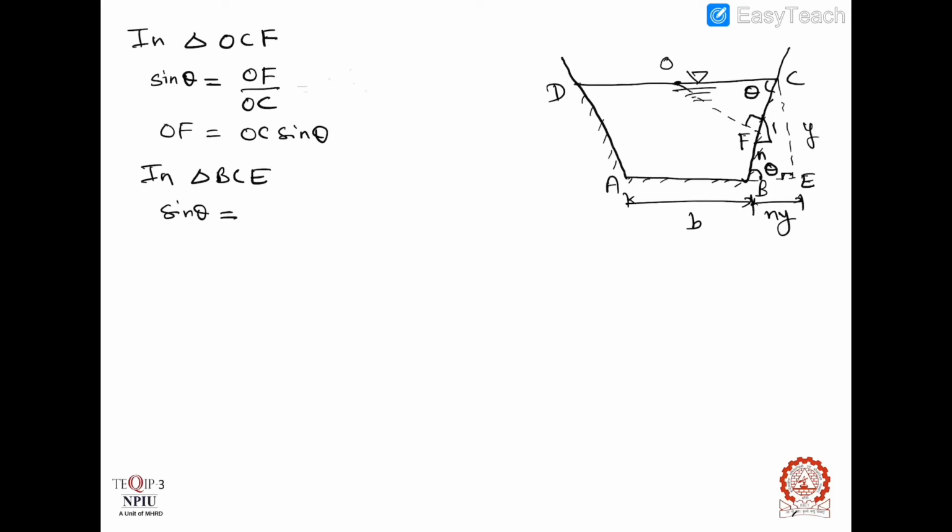In triangle BCE, sin theta is equal to CE divided by BC. Here CE is the depth of flow, and BC is the sloping side, that is y root over 1 plus n square.